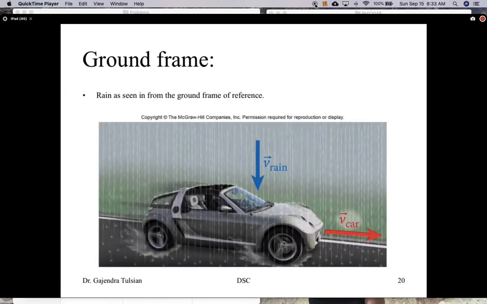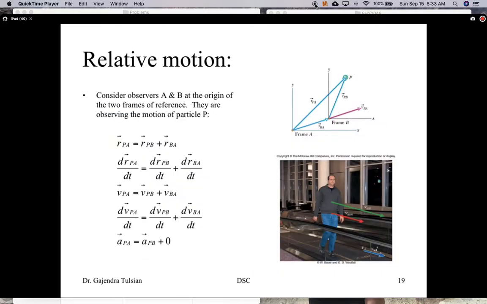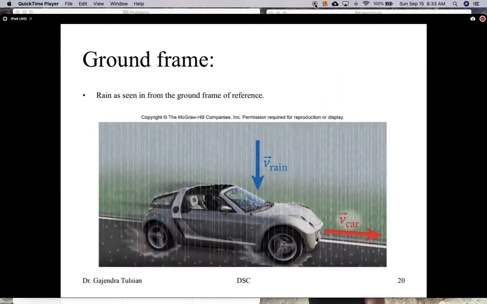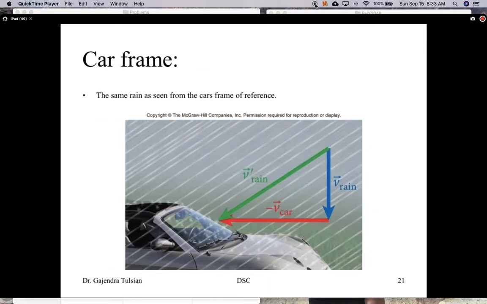All right, so here's an example of this velocity addition formula. If you're standing on the ground and you see the rain falling straight down, the person in this car that's traveling toward the right will see the rain falling like so.